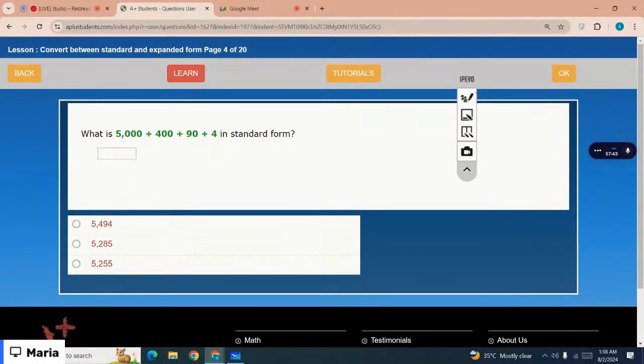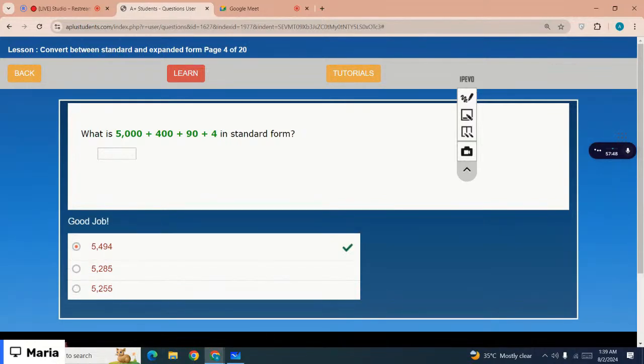The correct option is option number 1, that is 5494.